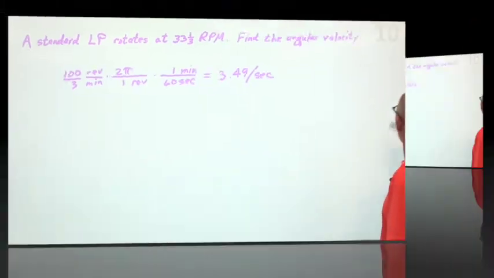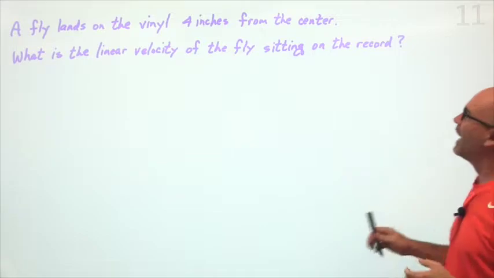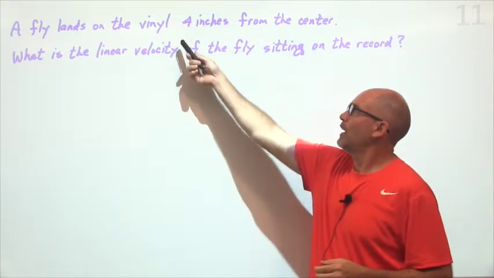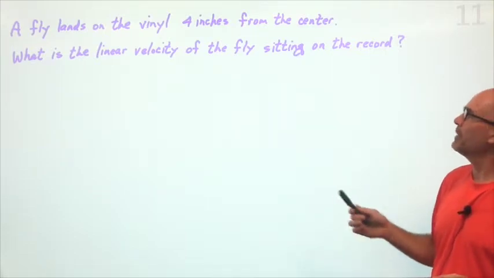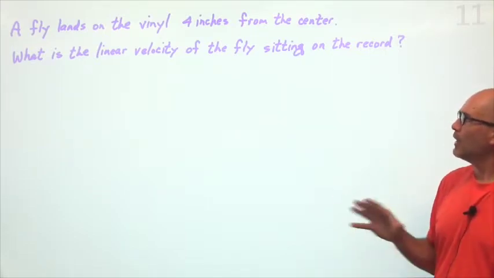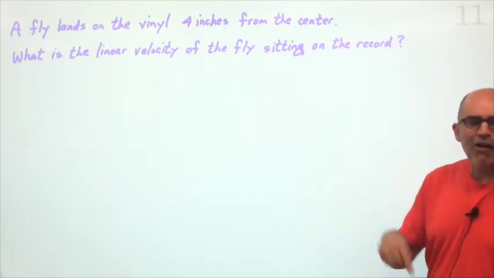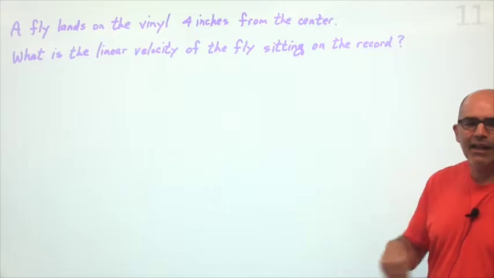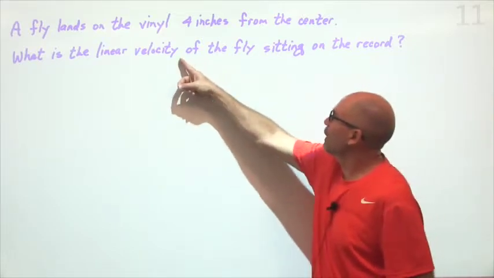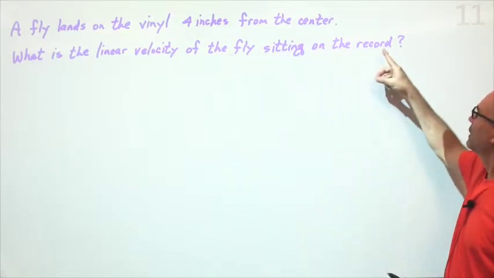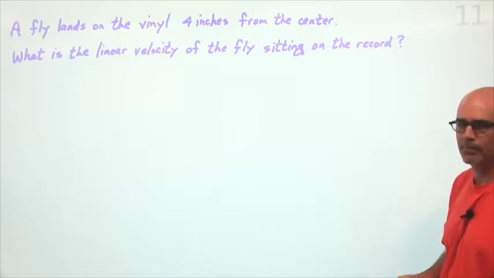Okay, next step, let's say a fly lands on the vinyl, exactly 4 inches from the center. The fly's sitting there on the record while the record's turning. How fast is the fly going around in circles? Basically, what's the linear velocity of that fly sitting on the record 4 inches from the center?